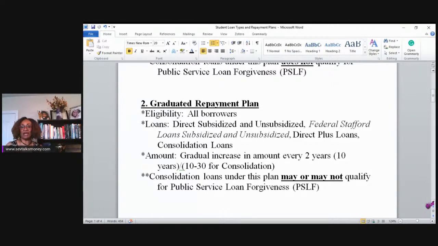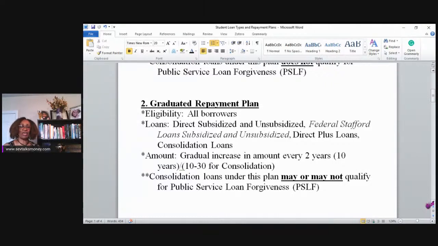Now, if you've consolidated your loan, the period that you're required to pay is between 10 to 30 years. And again, this repayment plan does not qualify you for the PSLF. So if you are thinking of that, just cross this plan off of your list.